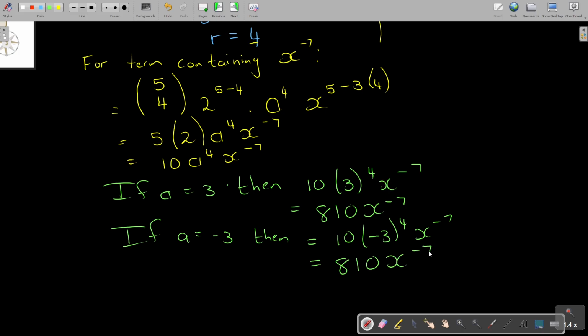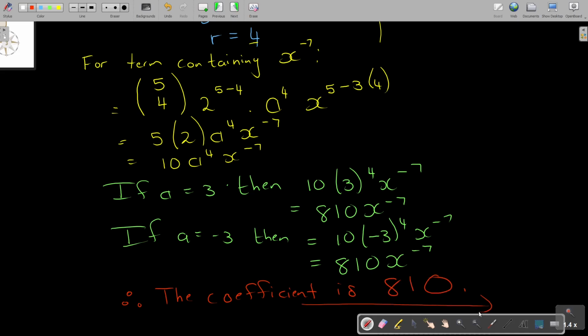So therefore, I end up with the coefficient being 810, and that is my final answer.